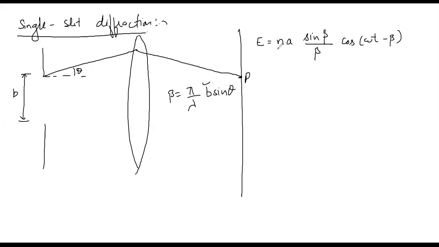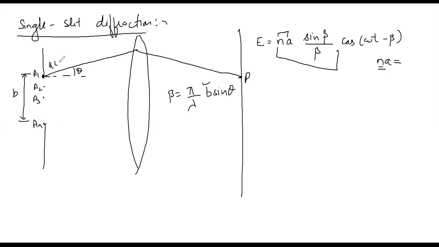In this expression, the first term here, let's first deal with even the smaller term. NA, N was the number of points, right? हर एक point पे we divided this slit into N number of points. A was the amplitude of the disturbances starting from each point.